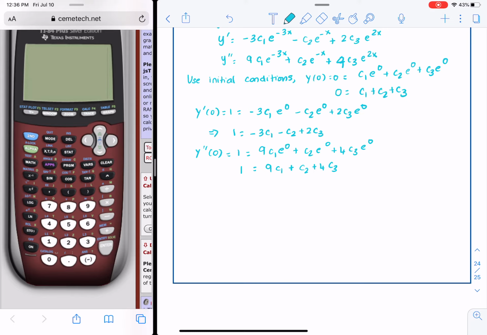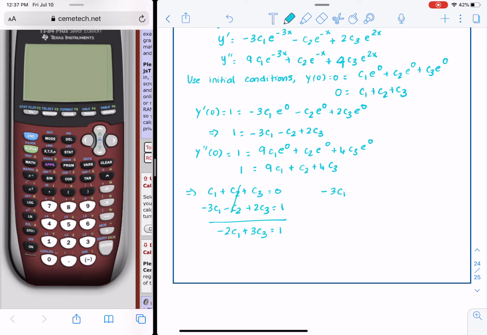Let's add the first two equations. c1 plus c2 plus c3 equals 0, minus 3c1 minus c2 plus 2c3 equals 1. When we add, those two will get cancelled. Negative 2c1 plus 3c3 equals 1. Let's add the last two equations, the second and the third.